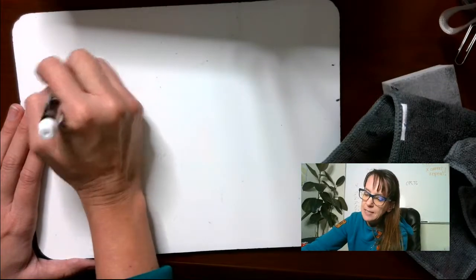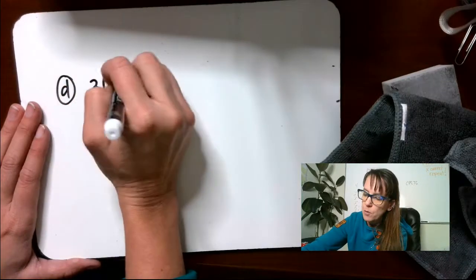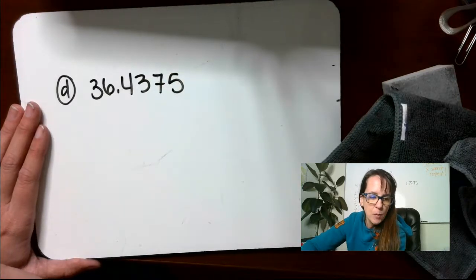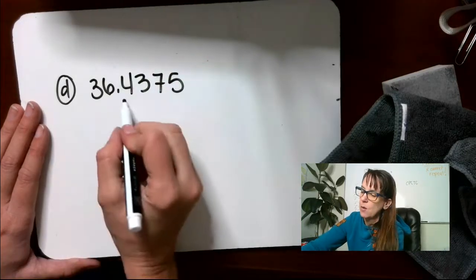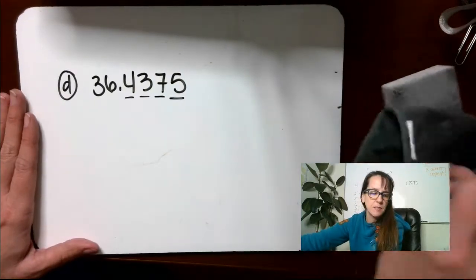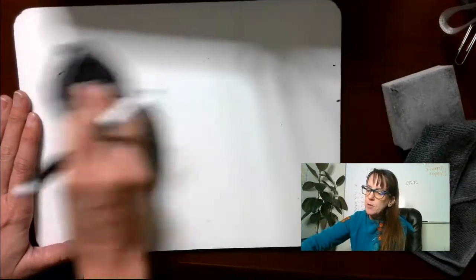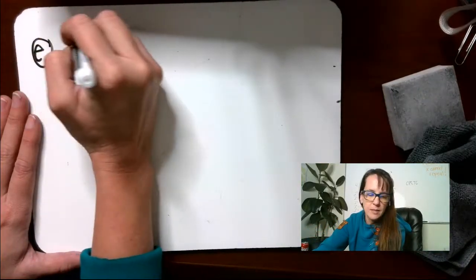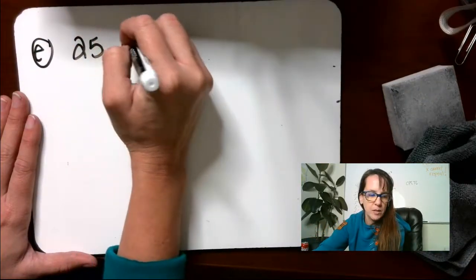For D, the number 36.4375 has how many decimal places? It's got 1, 2, 3, 4 decimal places. 4 decimal places. E, use words to write each decimal number. E, this is 25.134.